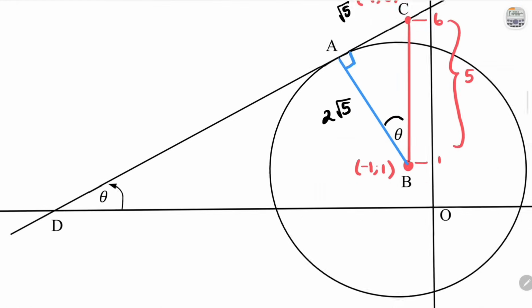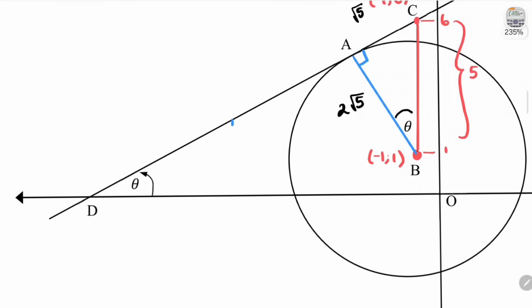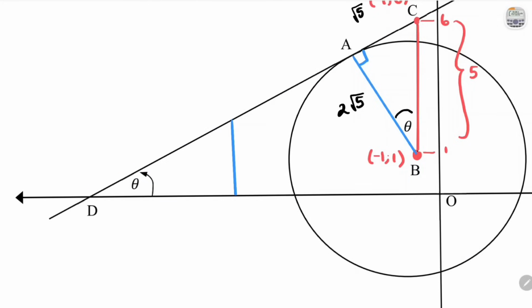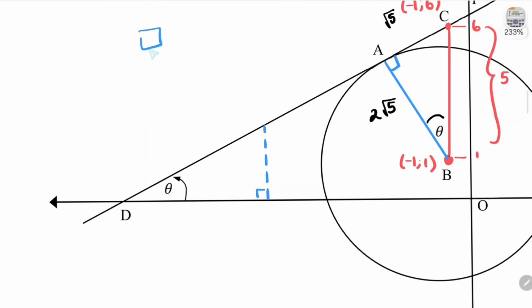Since this is theta, then if we just drew a line down, a construction line, then the ratio here, because we're saying something over another thing, it simplifies to a ratio. The ratio here of tan theta would also be 1 over 2. Okay, so opposite, whatever that opposite side is, regardless of how you extend it, whether you put it all the way here, all the way here, that opposite over the adjacent is still going to be 1 over 2.